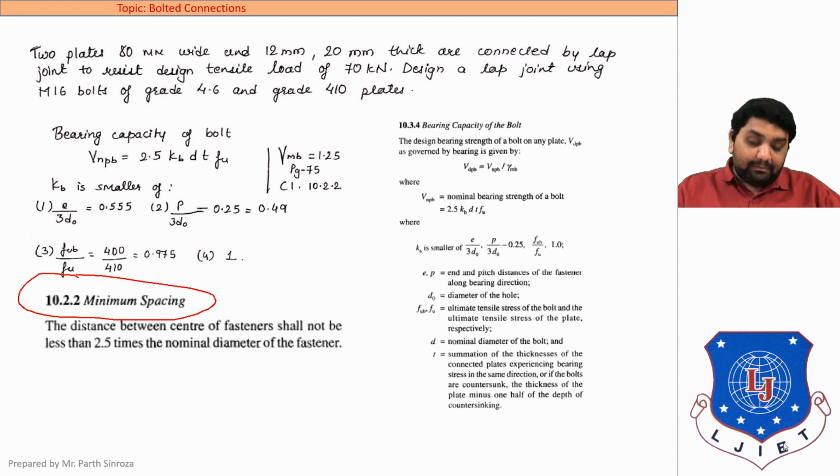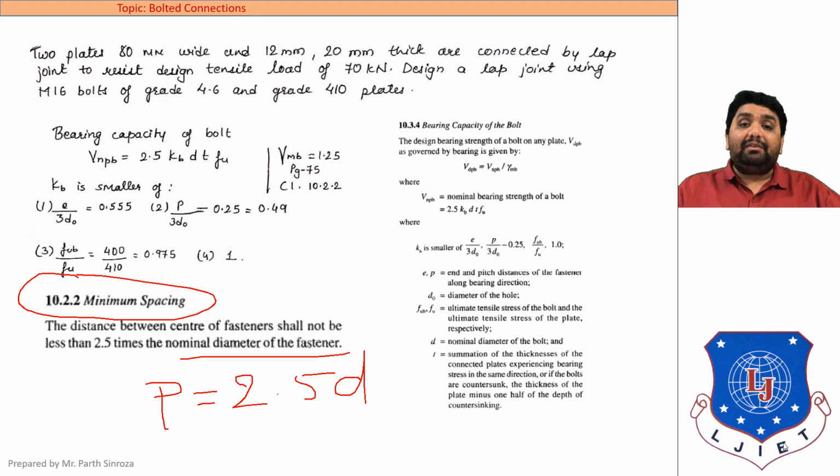The distance between centers of fasteners shall not be less than 2.5 times the nominal diameter of bolt. Keep in mind we are dealing with two things, diameter of bolt and diameter of hole. Here it is the diameter of bolt that is mentioned. So the equation will be p equal to 2.5 d. Whenever we need to find pitch, the equation for it will be 2.5 d. Here the diameter of bolt is given, so you can calculate the pitch as 2.5 d.